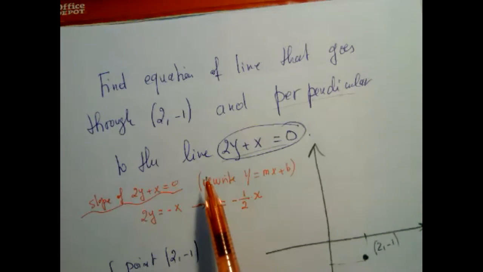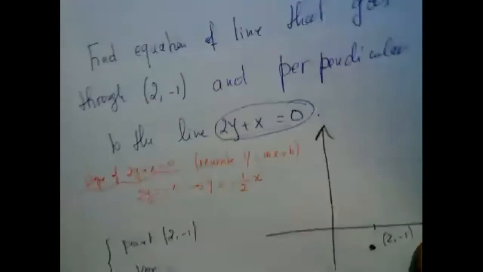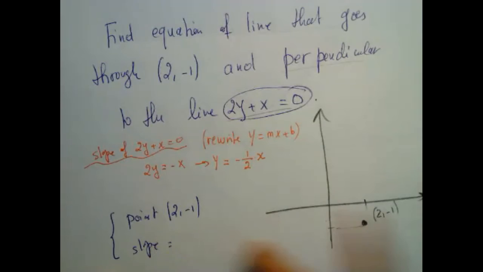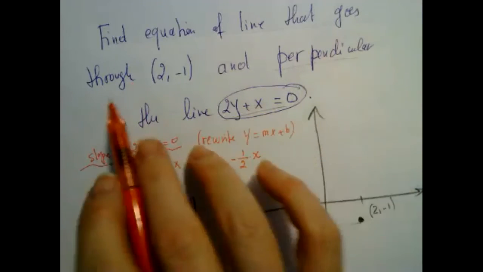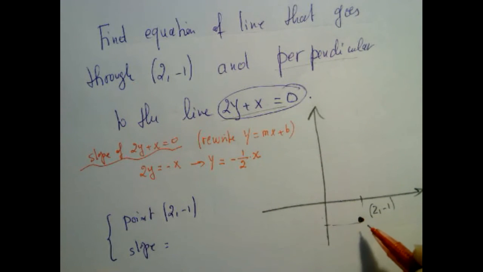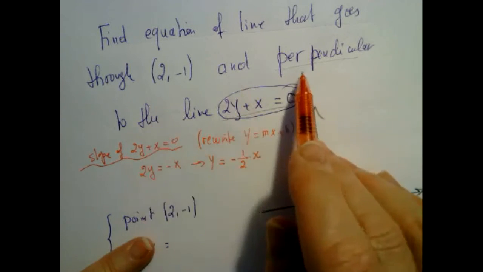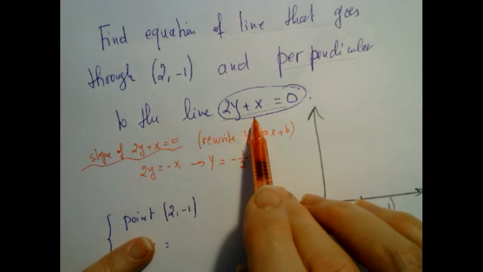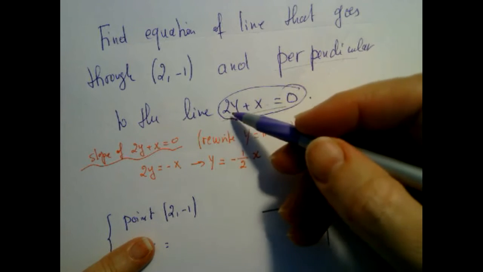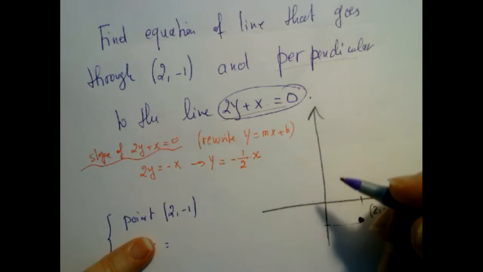So I repeat. I know a point. I want to find the equation of the line that goes through this point, and I need the slope. Here they are telling me it's perpendicular to this line. So we have a certain line here, 2y plus x.